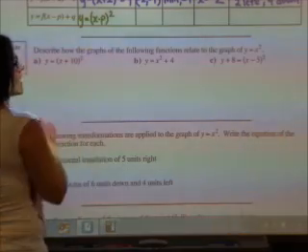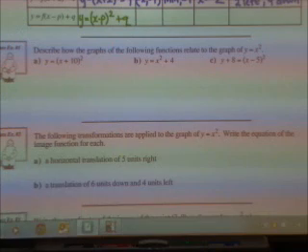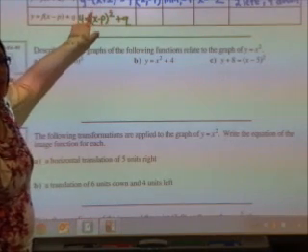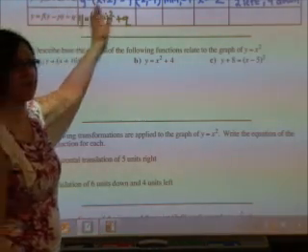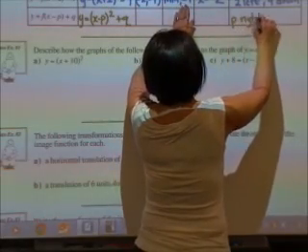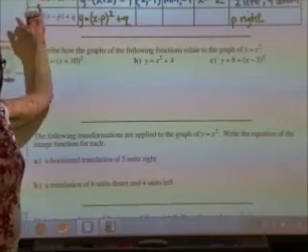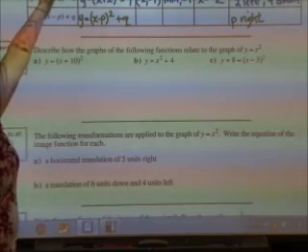So I get x minus p squared, and then the plus q. Because this is written as x minus p, the p value is going to the right, so I'm shifting p units right. And that plus q over on the other side was a minus q, which means I'm also going up.